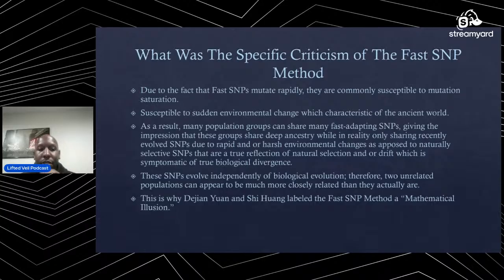These SNPs evolve independently of biological evolution. Therefore, two unrelated populations can appear to be much more closely related than they actually are. This is why Dejian, Yuan, and Huang labeled the fast SNP method a mathematical illusion.